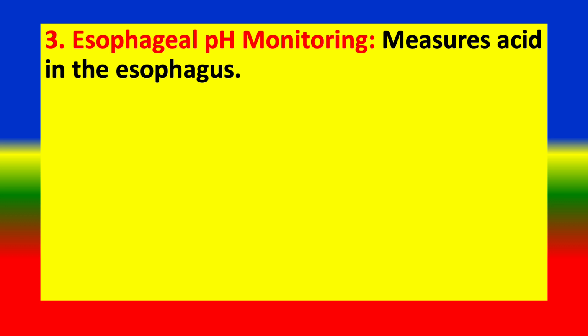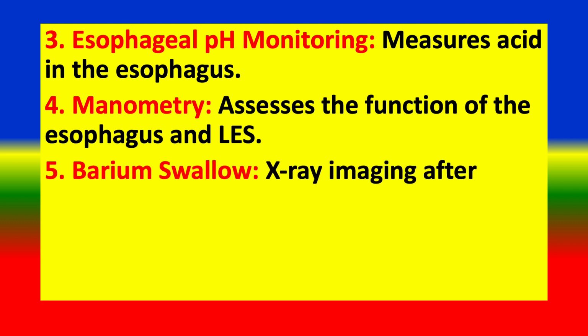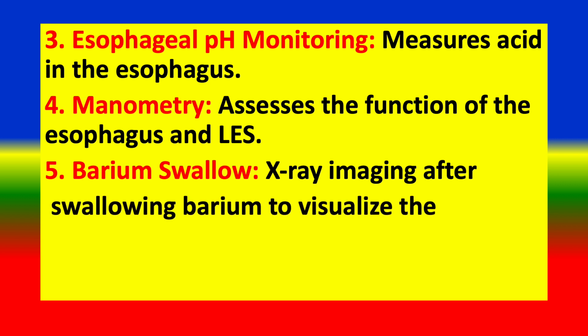Esophageal pH monitoring, measures acid in the esophagus. 4. Manometry, assesses the function of the esophagus and sphincter. 5. Barium swallow, X-ray images after swallowing barium to visualize the esophagus.